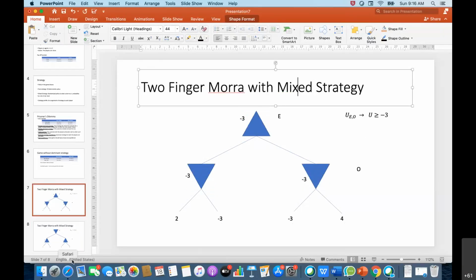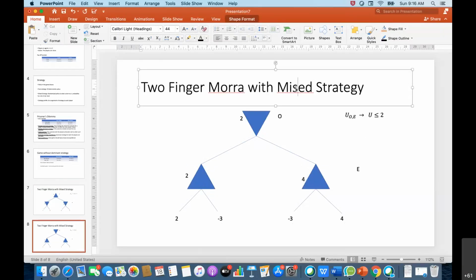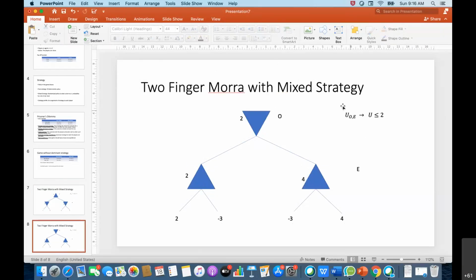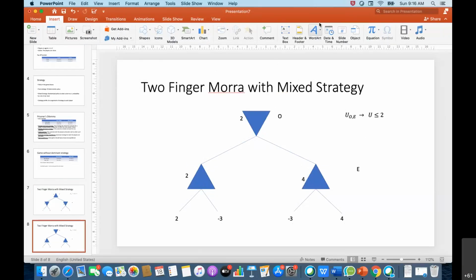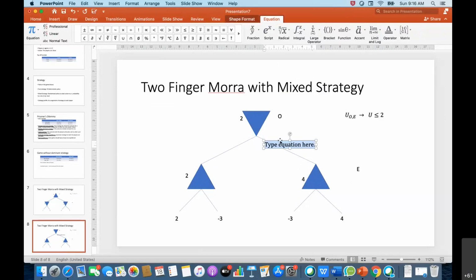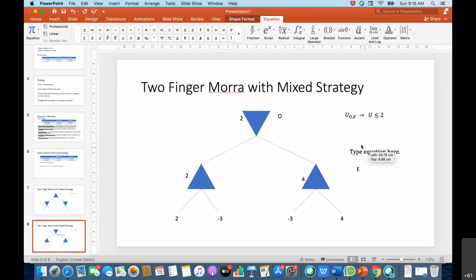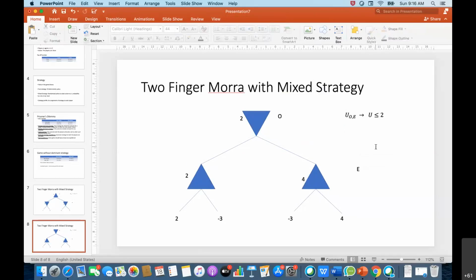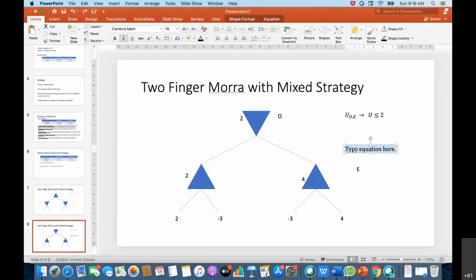What we can conclude is that the value of utility should lie between -3 to 2.